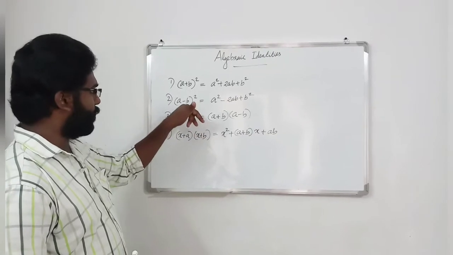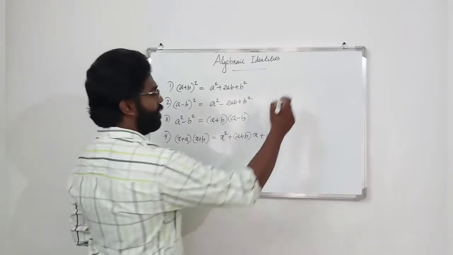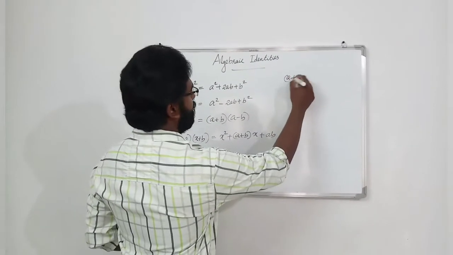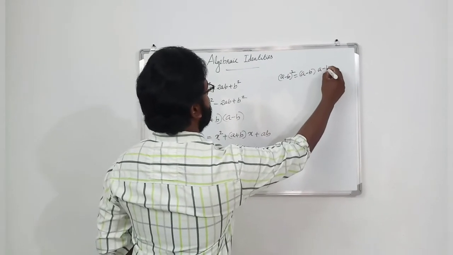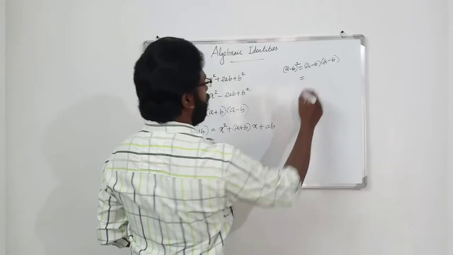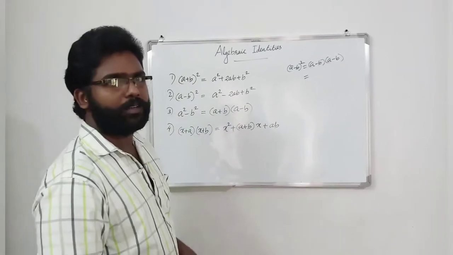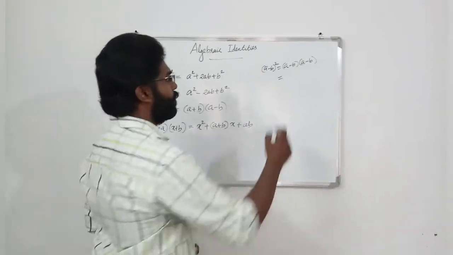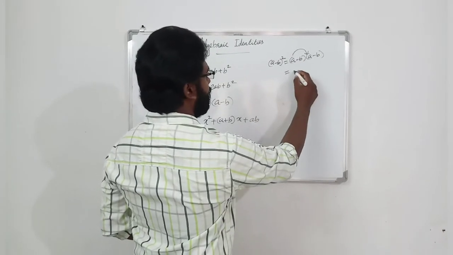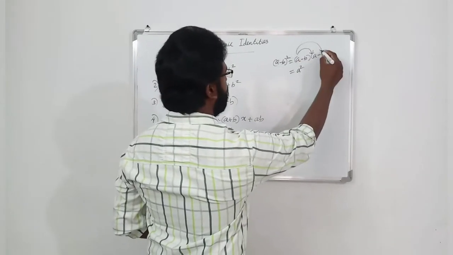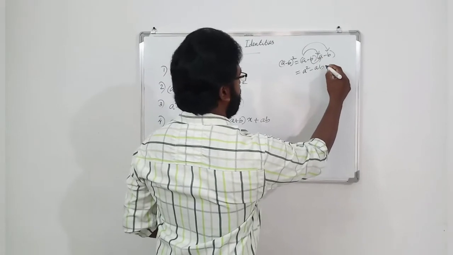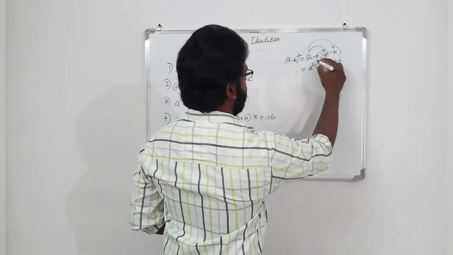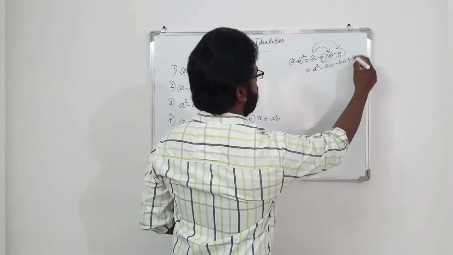How can we obtain (a minus b) the whole square? (A minus b) the whole square means (a minus b) into (a minus b). You know how to multiply two linear polynomials: a into a is a square, a into minus b is minus ab, minus b into a is minus ba, minus b into minus b is plus b square.